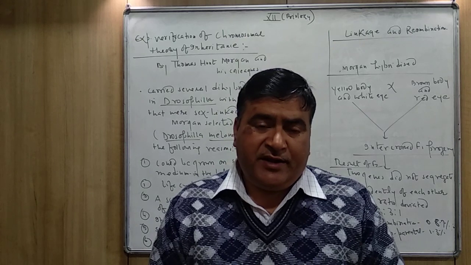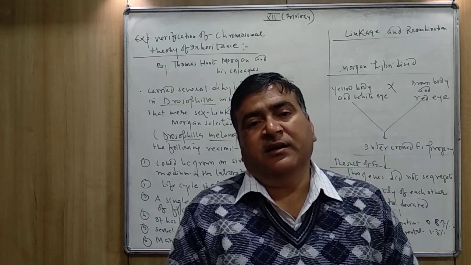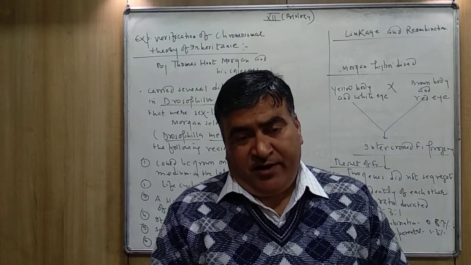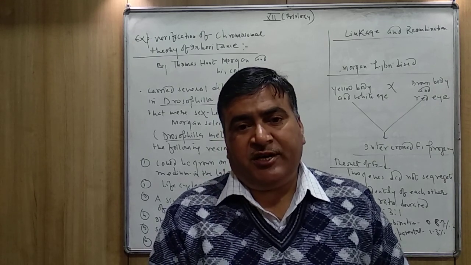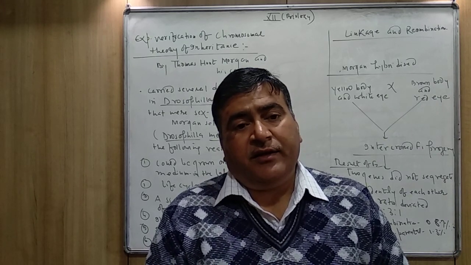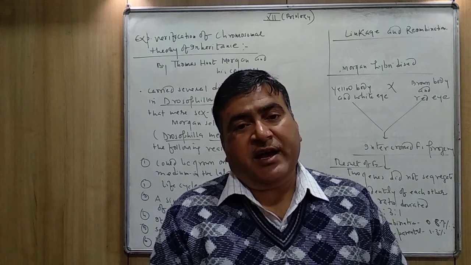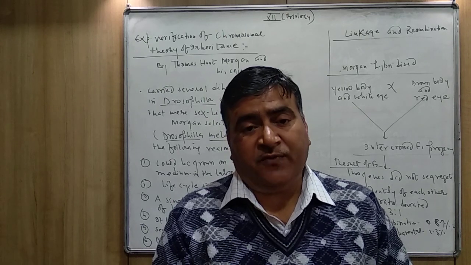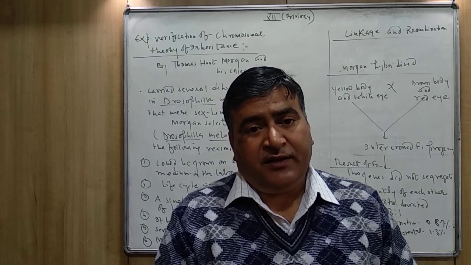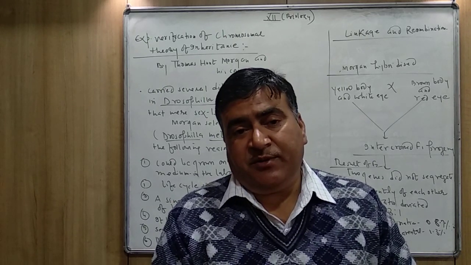And when he made dihybrid crosses, he did not observe the ratio of the dihybrid cross, 9:3:3:1, which was given by Mendel.